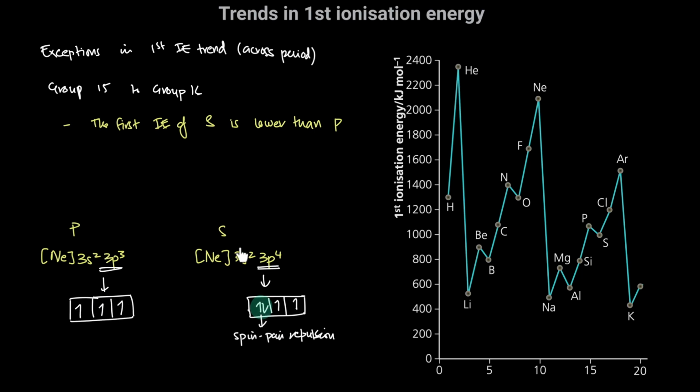And again, when you form the 1+ cation in this case, after the first ionization energy, when you remove the first electron, it's going to be this paired electron that's removed.